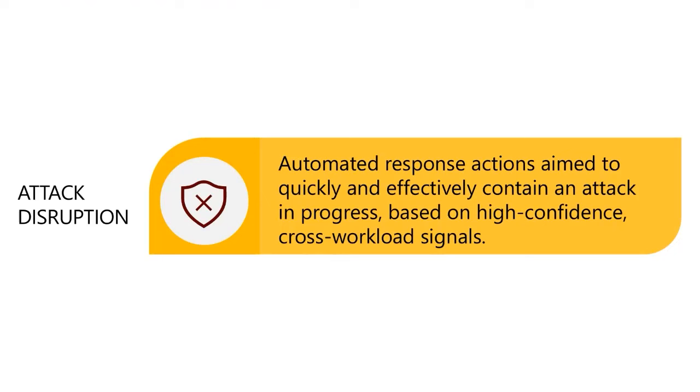So what we mean by that is it's not we see an incident and the incident's played out and then we trigger some response actions as like a SOAR playbook afterwards to go and disable some accounts and clean up. What we're actually doing is we're intervening into the attack during the actual progression of the attack to stop the attack from actually playing out fully. And we do that based on high confidence cross workload signals, which I'll explain what that means in a second.